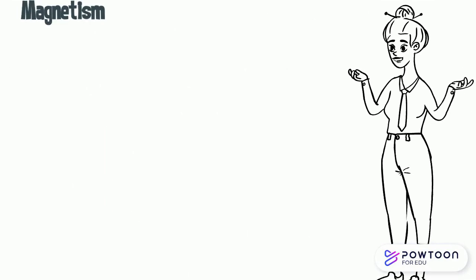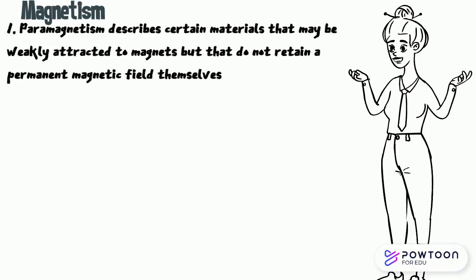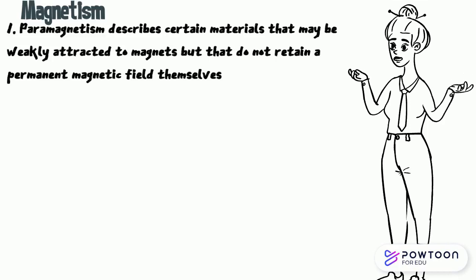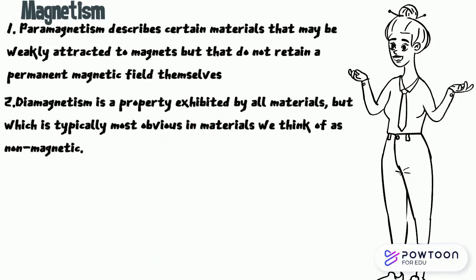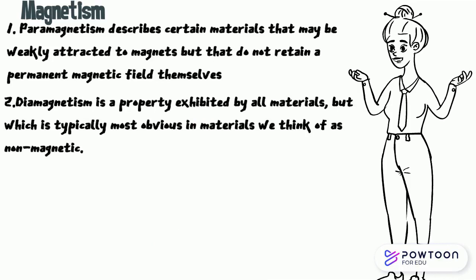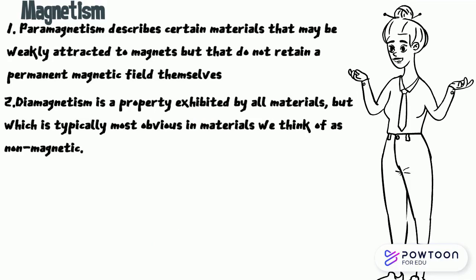This is the explanation for each type of magnetism. First, paramagnetism describes certain materials that may be weakly attracted to a magnet, but that do not retain a permanent magnetic field themselves. Second, diamagnetism is a property exhibited by all materials, but which is typically most obvious in materials we think of as non-magnetic.